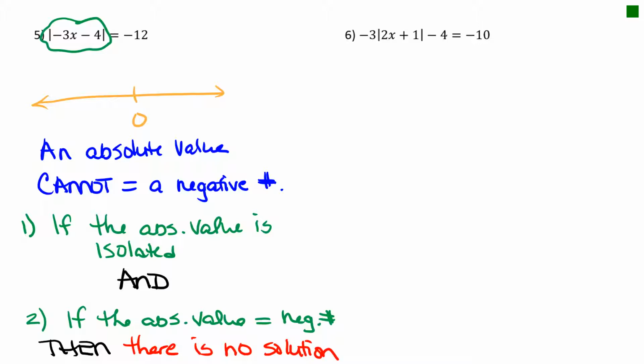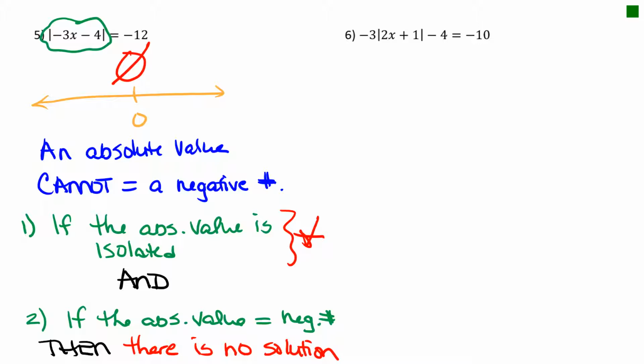Okay, again, the reason for that is it's not saying you went -12 steps. It says you went 12 negative steps, and you can't do that. So once it is isolated, this is huge, guys, has to be isolated, and it equals a negative number, then there is no solution. So this answer is no solution.